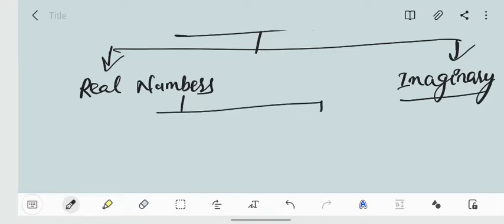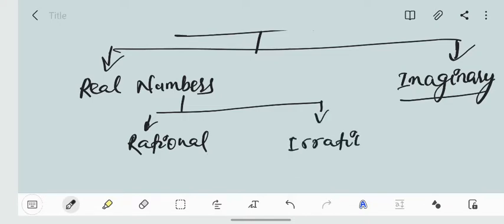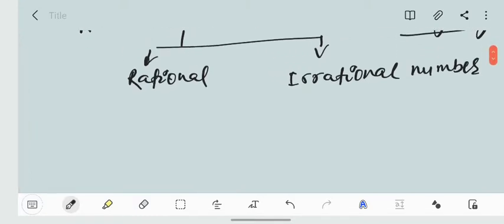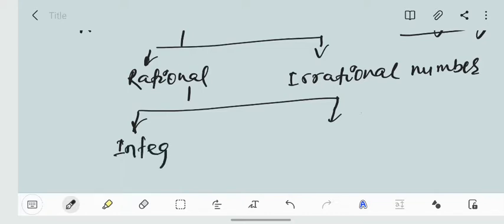So in real numbers we have rational number and irrational number. And rational number, numbers with integers, fractions.